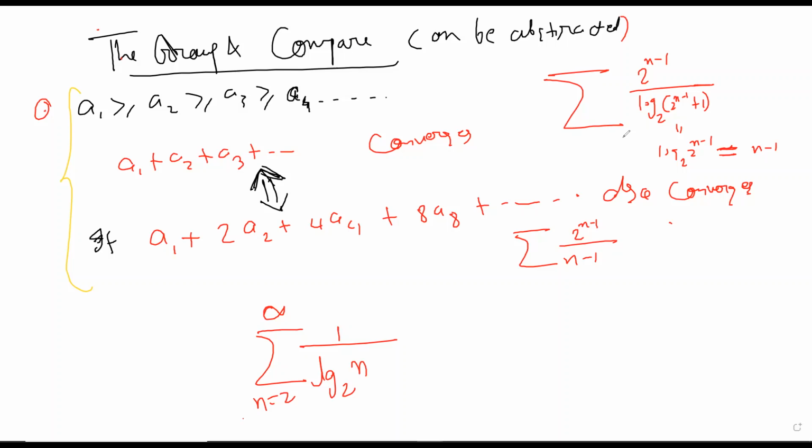In this series, what can I comment? If I take 2 common, it's going to be 1, and then 2 by 2, which is 1, 4 by 3, 8 by 4, 16 by 5.